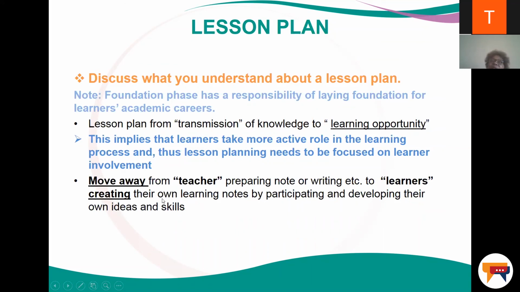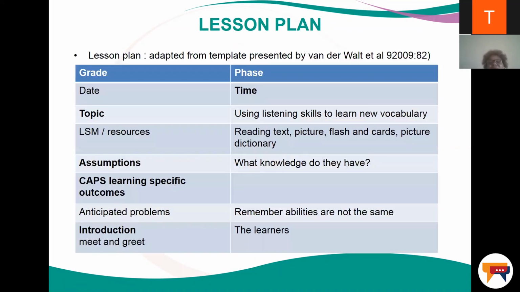Remember when we started, we said interactive learning. There must be maximum interactive learning, maximum communication, maximum learner participation. That must show in the lesson plan.